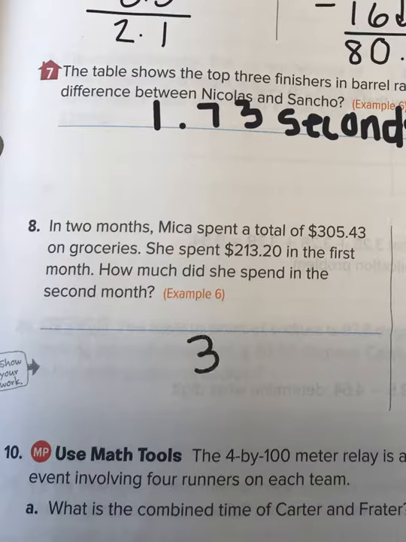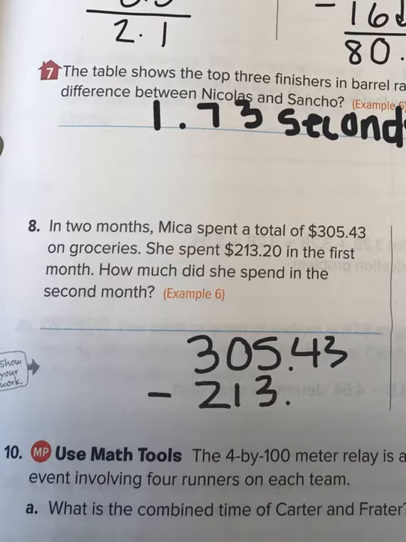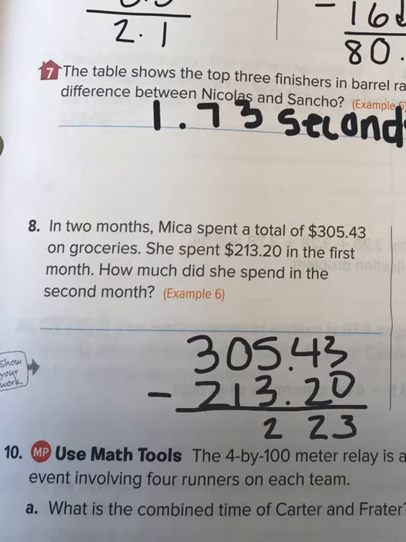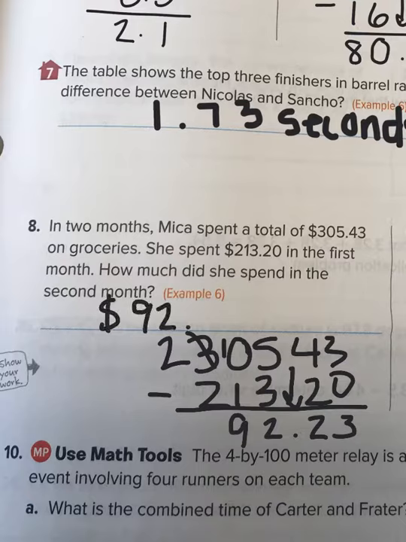So we want to take 305.43, subtract 213.20. 3 minus 0 is 3, 4 minus 2 is 2, 5 minus 3 is 2, and we can't subtract 1 from 0, so we need to borrow, making this 10, and 10 minus 1 is 9, and 2 minus 2 is 0. When we bring down our decimal places, that gives us 92.23. So she spent $92.23 in the second month.